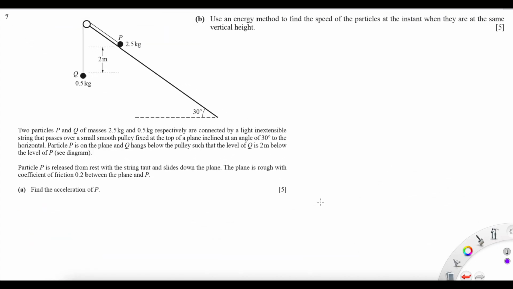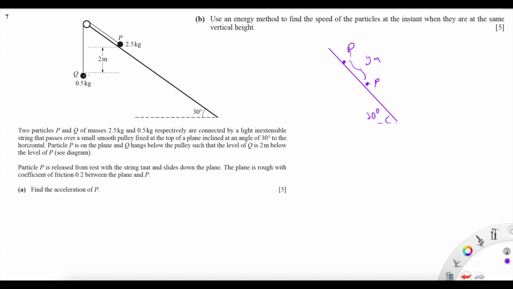For part B, use an energy method to find the speed of the particles at the instant when they are at the same height. Now, we know that P is here. This angle is 30. Assume that P moves y meters downwards to come here.